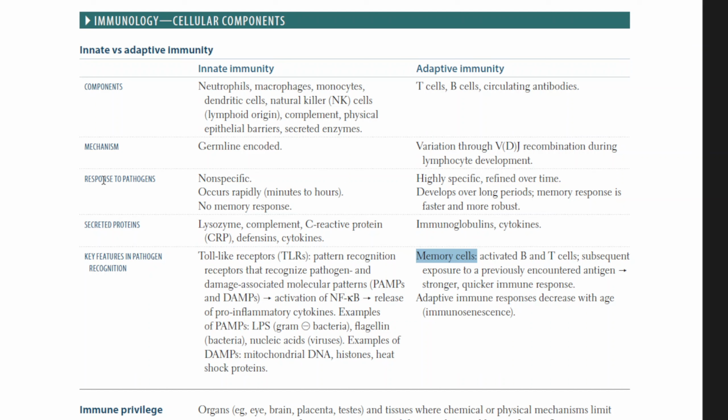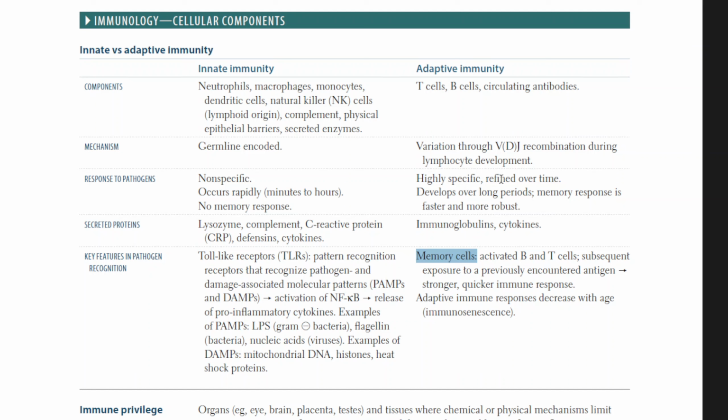The way they respond to pathogens is highly specific. This adaptive immune component of immunity is highly specific.